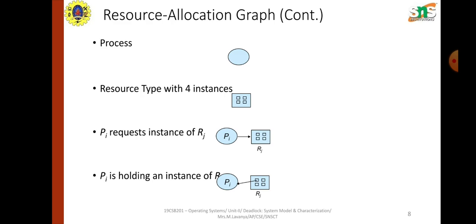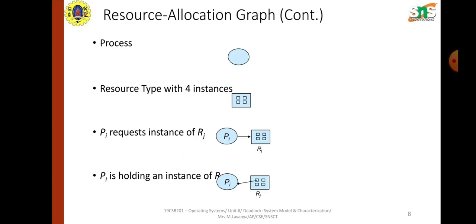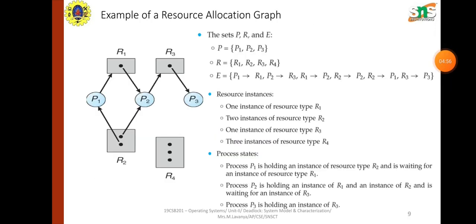In this, only one instance of the resource Rj is held by the process Pi. So the third diagram represents the request edge and the fourth diagram represents the assignment edge, which we saw previously. The edges consist of request and assignment edges, right? So this is what is mentioned here.